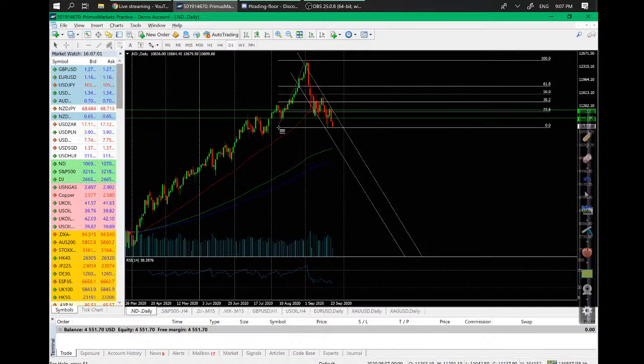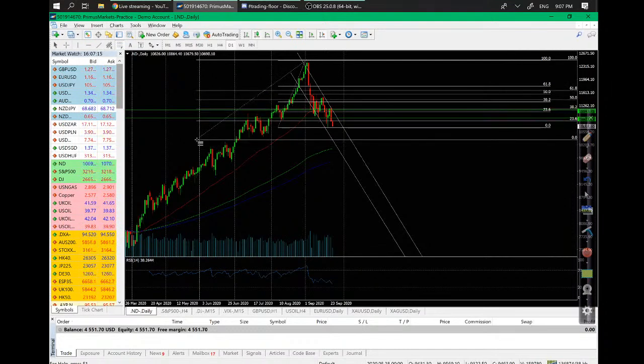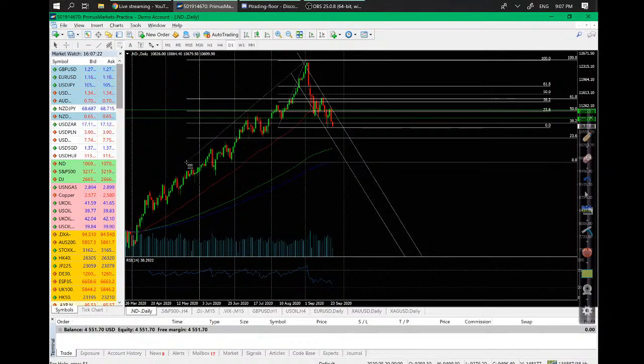I'm going to say that would be one fib, and then the other fib would be another one. So we'd have to do it from this swing high, and we want to go down to this swing low here. Even possibly this swing low, actually. Yeah, let's see what happens.